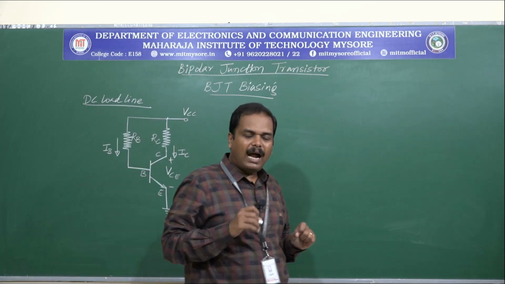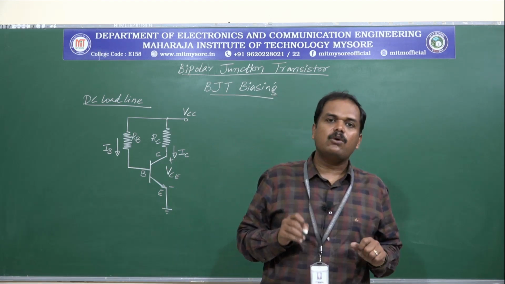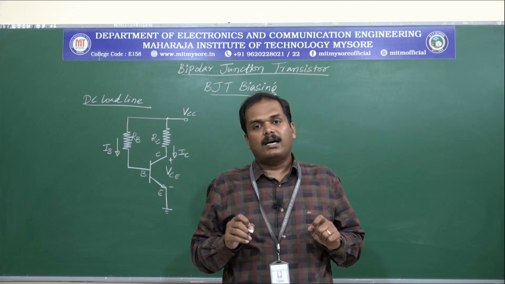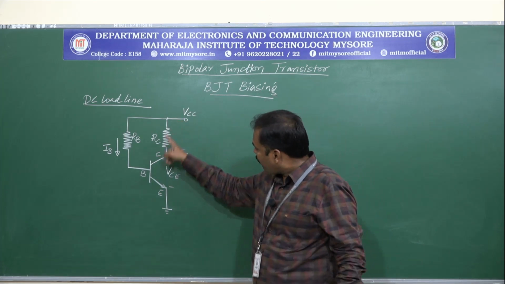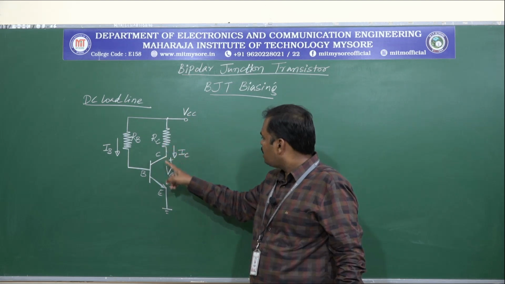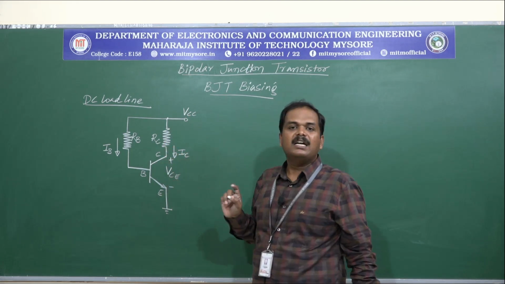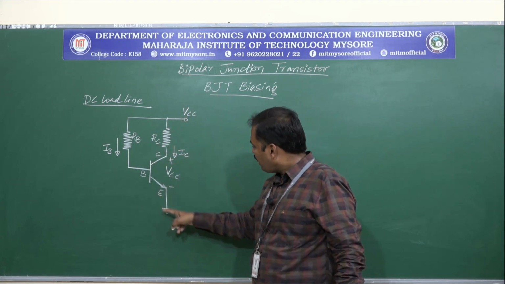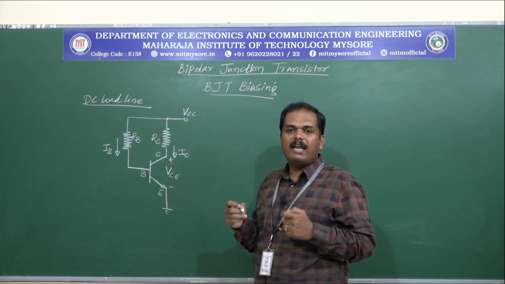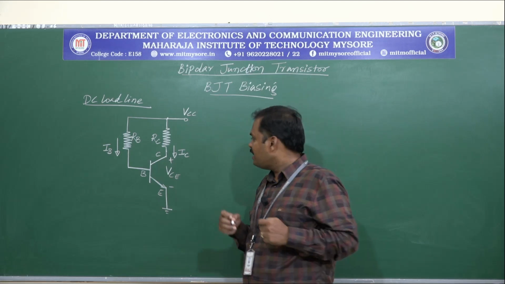Now to understand how to draw the DC load line, we need to apply KVL for this path, that is VCC, RC and the collector emitter terminal. If we apply KVL to this path, then that equation will help us to draw the DC load line.